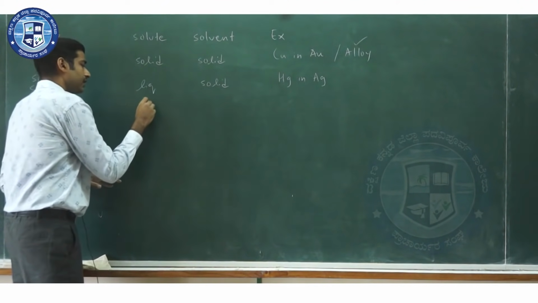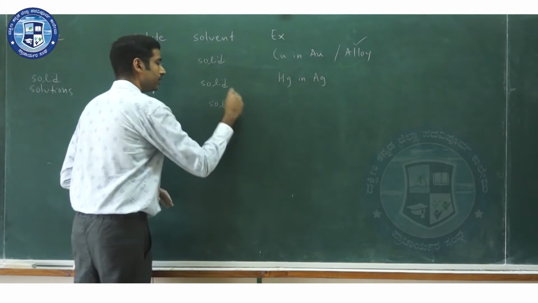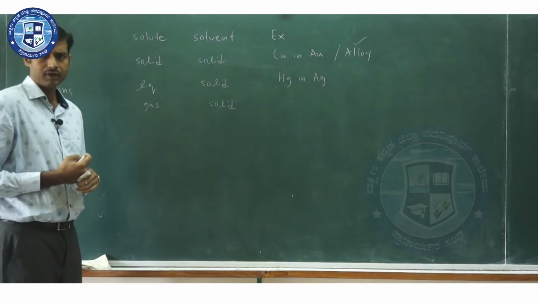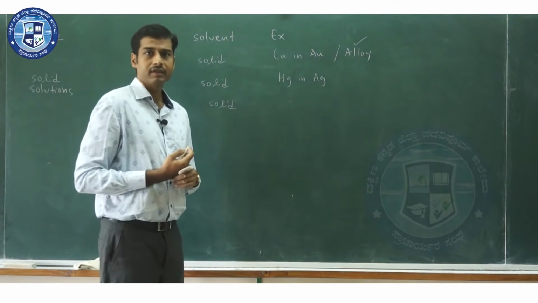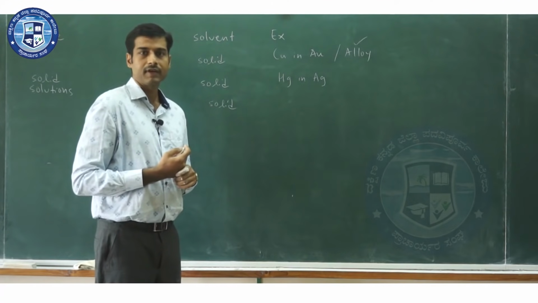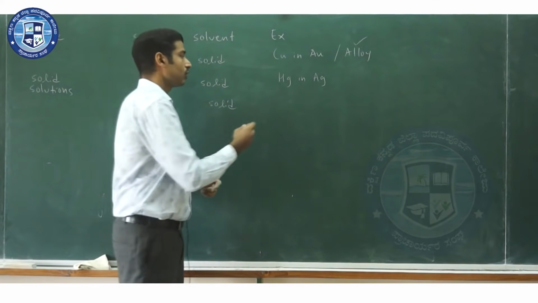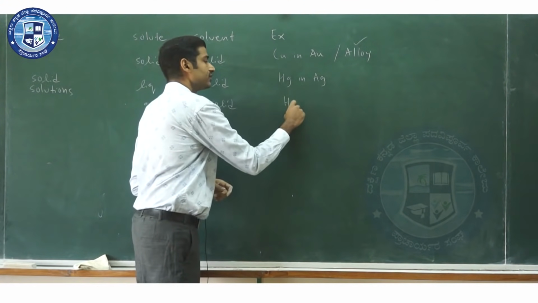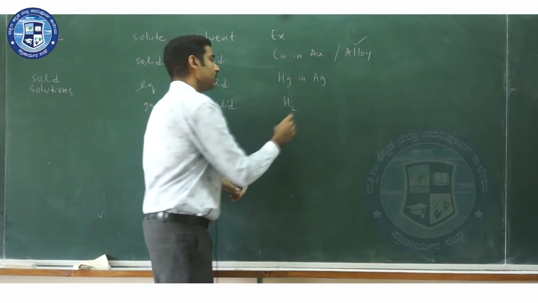I might have a gas dissolved in a solid. You might have studied reducing reagents in organic chemistry, and one way of reduction is catalytic reduction, where hydrogen is adsorbed over platinum or palladium.